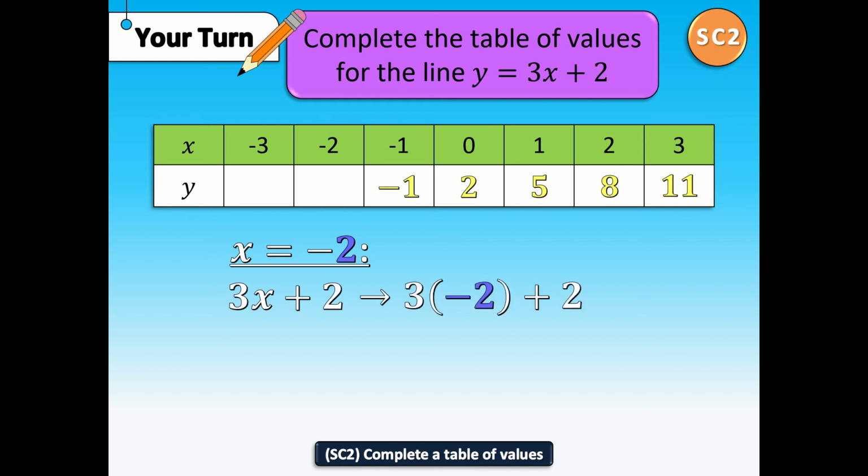Three times minus 2 is minus 6, plus 2 is minus 4. And finally, 3 times minus 3 is minus 9, plus 2 is minus 7. So now we've completed our table of values.